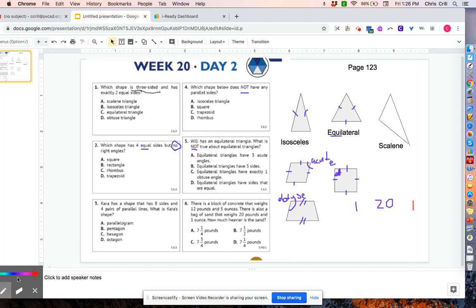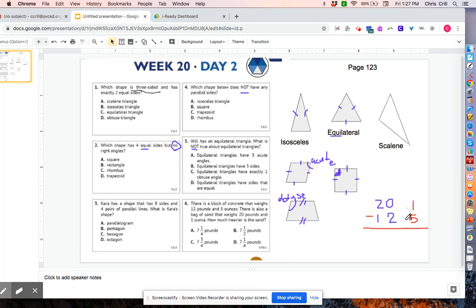And what I'm going to do is subtract from that 12 pounds, 5 ounces, because I'm finding the difference in weight, how much heavier this one is. Let me erase this. And I'll put my ounces in red here.